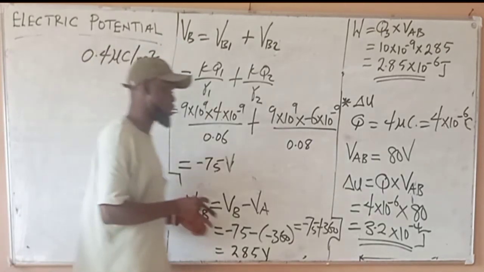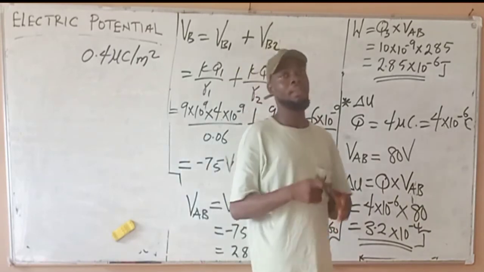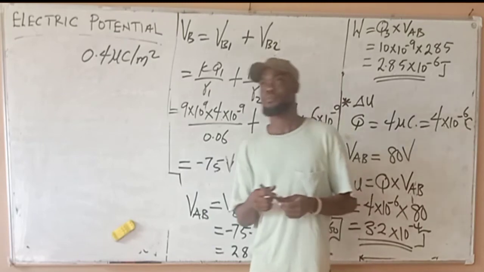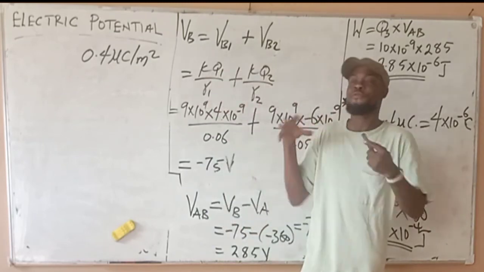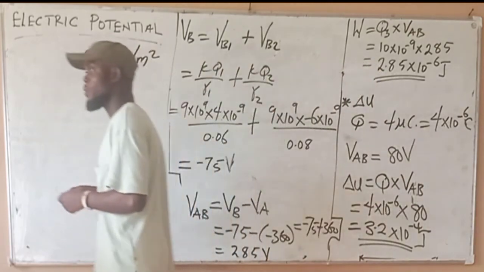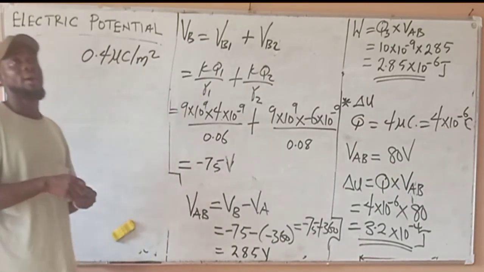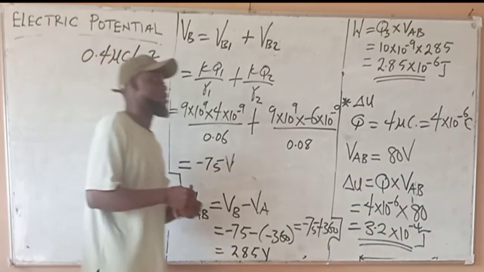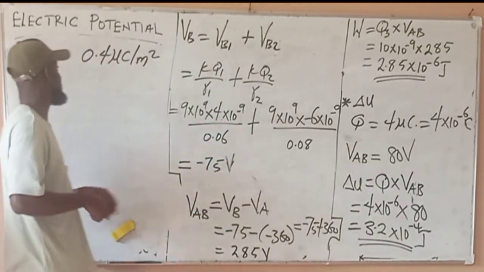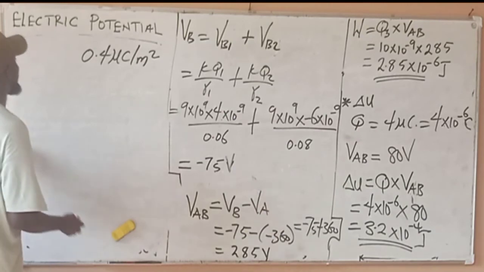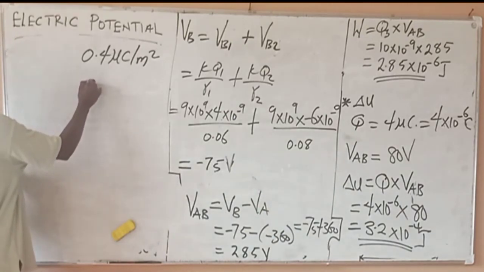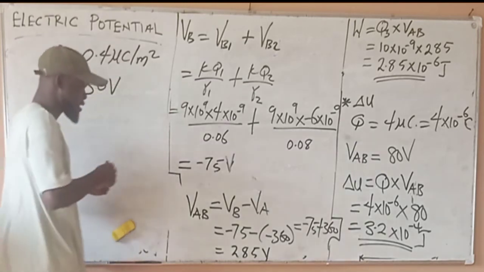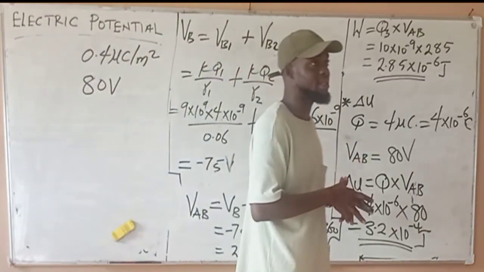How far apart are two equipotential surfaces that differ in potential by 80 volts?